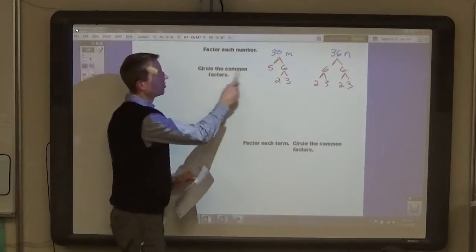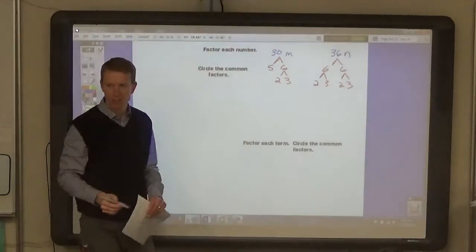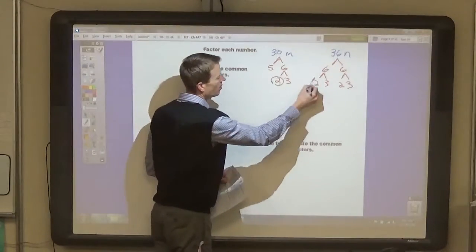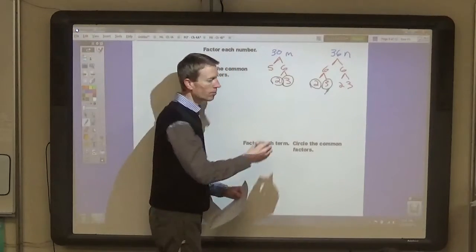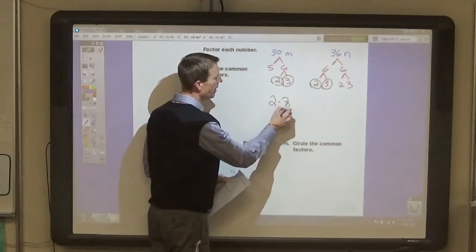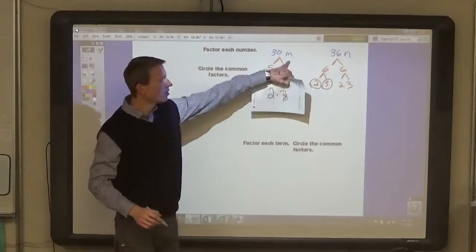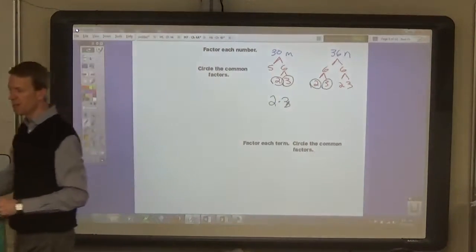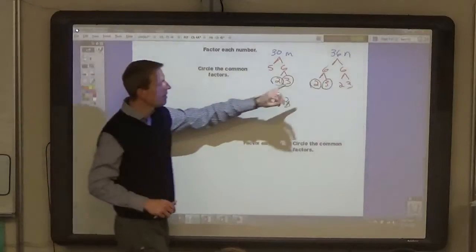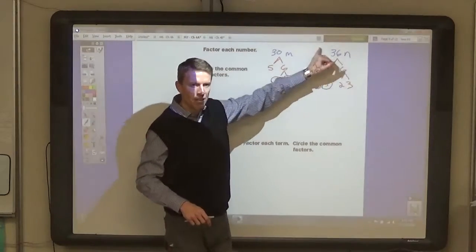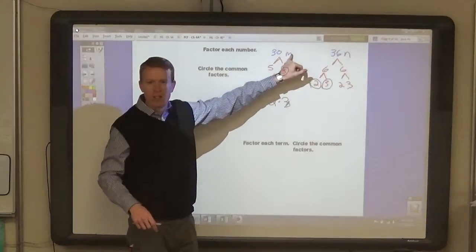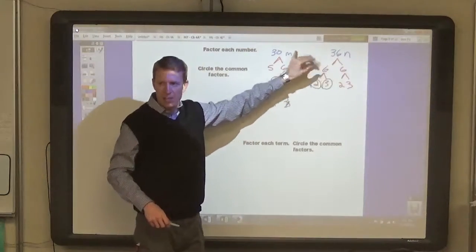Well, first, circle the common factors. There's a 2 in both. There's a 3 in both. So 2 times 3. But then M is also a number. It represents a number. And N represents a different number. Are there any variables that are the same in these?